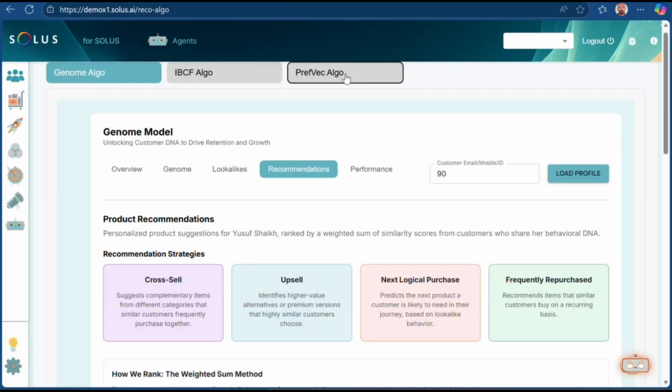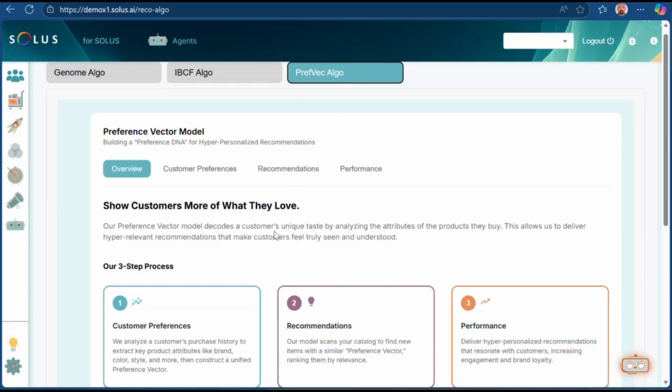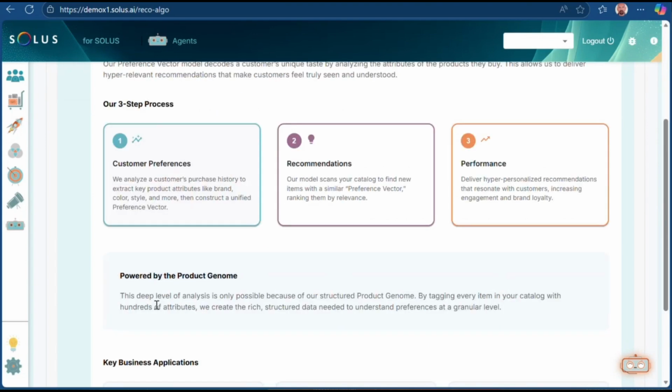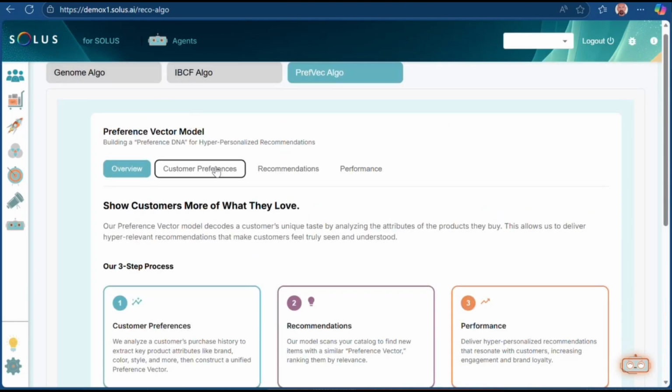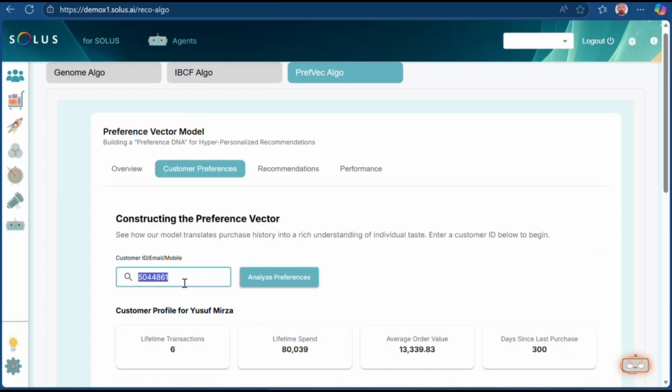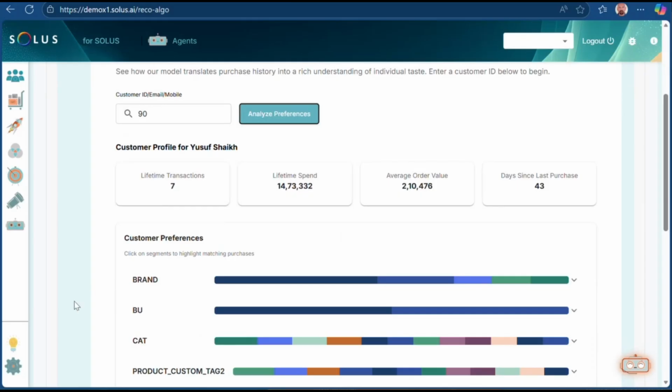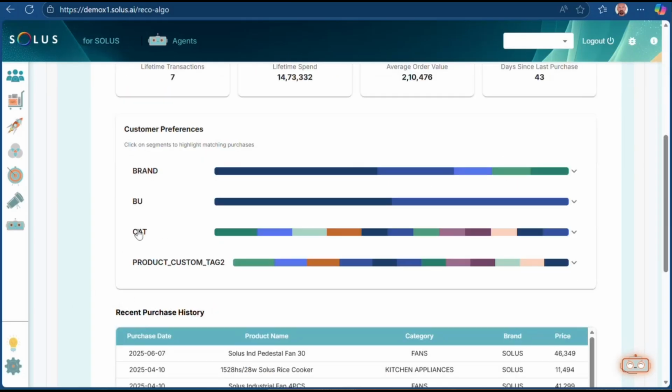Now let's take preference vectors. How do preference vectors work? They work by saying, listen, I need to look at my customers' transactions, and if this customer has done a bunch of transactions, can I look at what they've done and find patterns across this? So do they have a preference on brand? Do they have a preference on category?